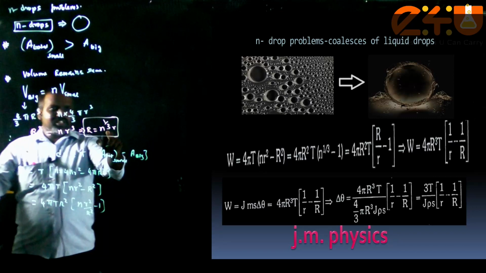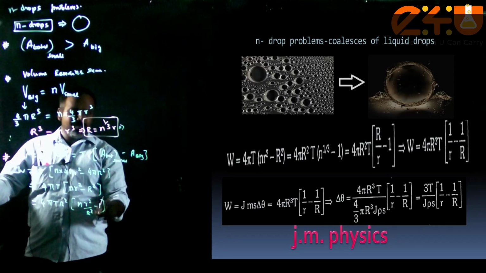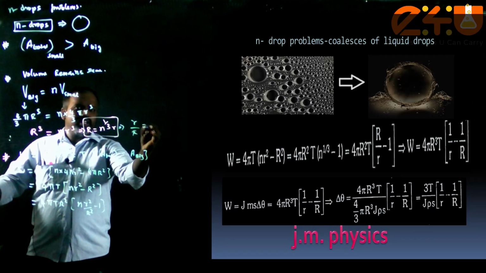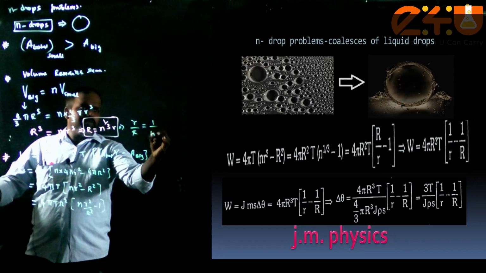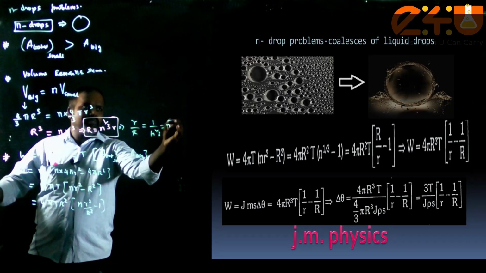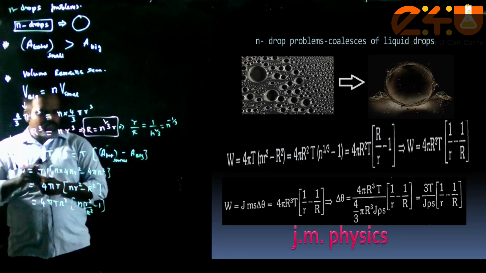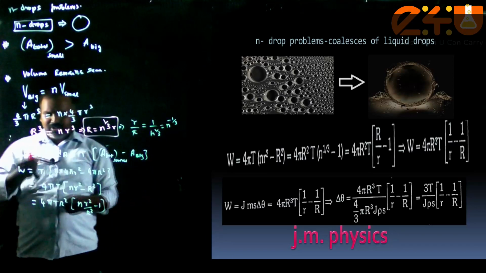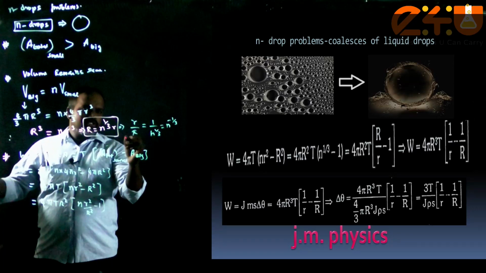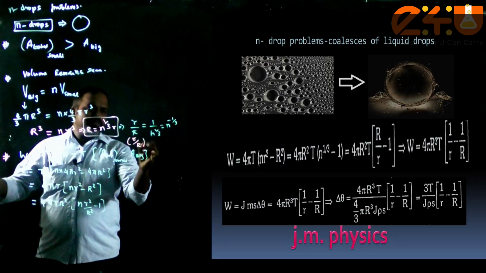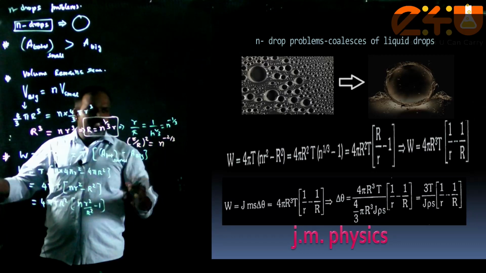So from this relation we can get r by R, which is nothing but 1 by n to the power 1/3, going to the numerator as n to the power minus 1/3. Now you square this term. Sometimes students may get confused about how the steps arrive, so for that reason I am explaining here. Squaring, r by R whole squared is equal to n to the power minus 2/3.